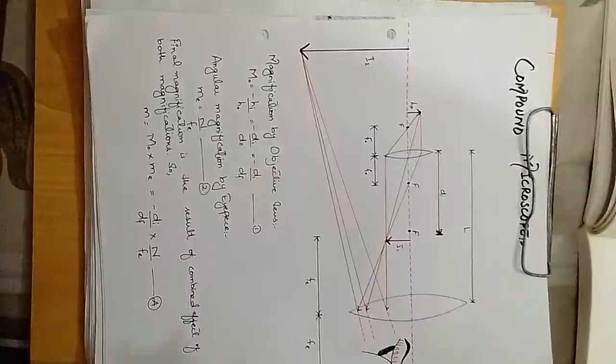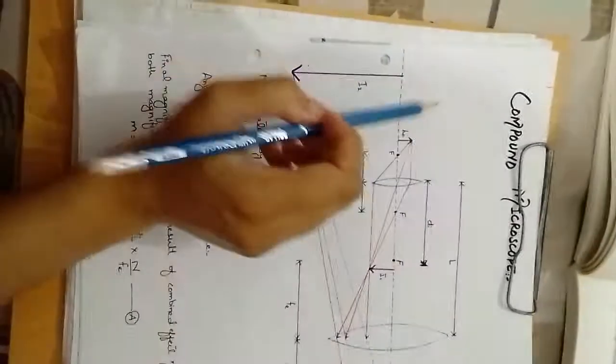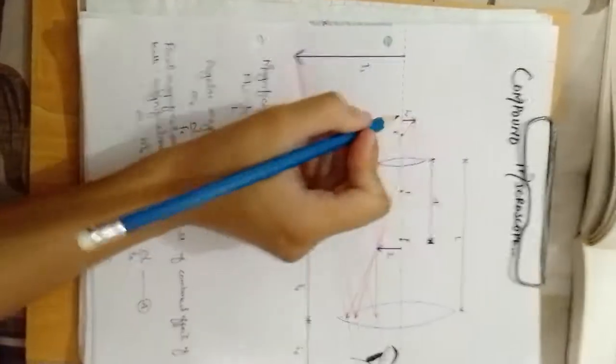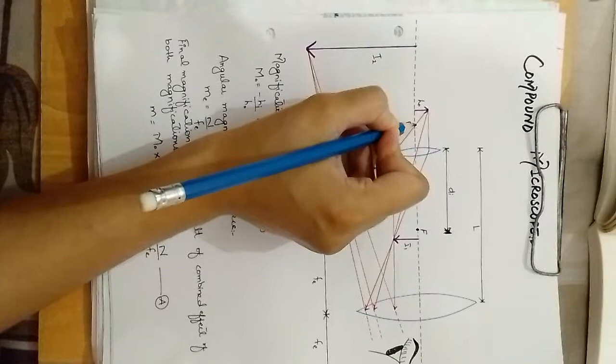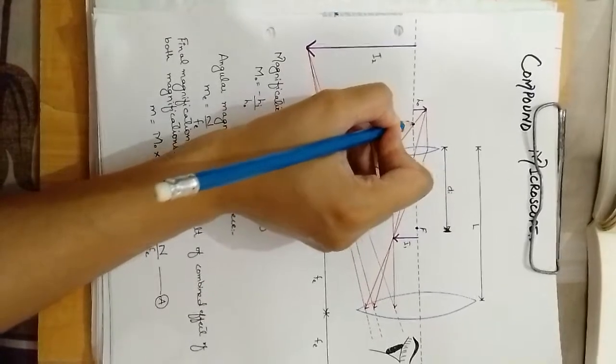The condition for the magnification is that the distance of the object from the lens should be very close to the focal length.